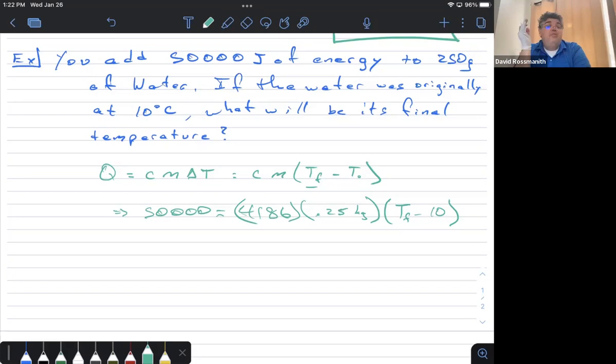So if I were going to use Kelvin temperatures, I would say the initial temperature is 283. What that would do is, when I get an answer, the answer will be in Kelvin. Here I'm using Celsius, so when I get an answer, it's going to be a Celsius temperature. For our purposes, that's perfectly fine. Again, because this is a delta T style of problem, I'm allowed to use Celsius.